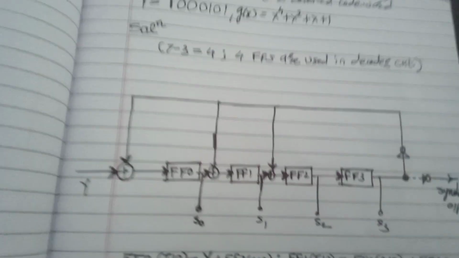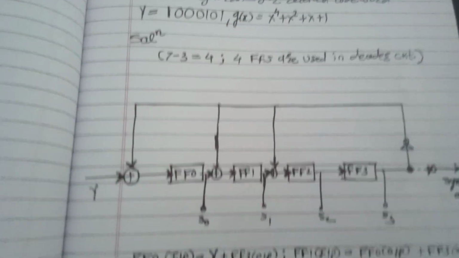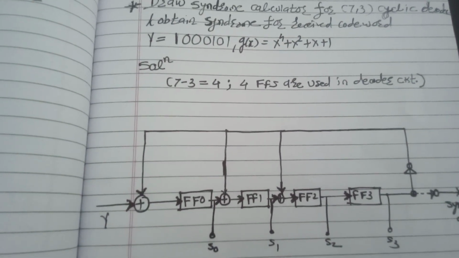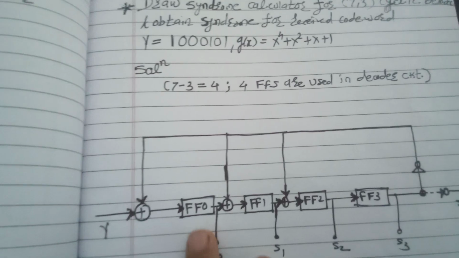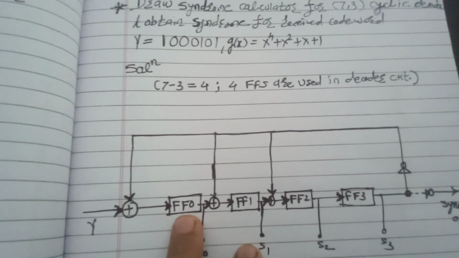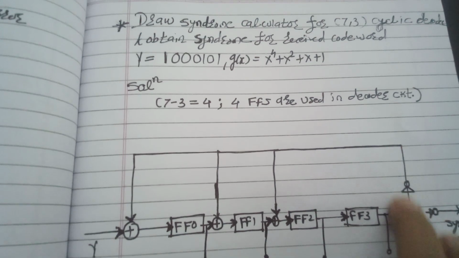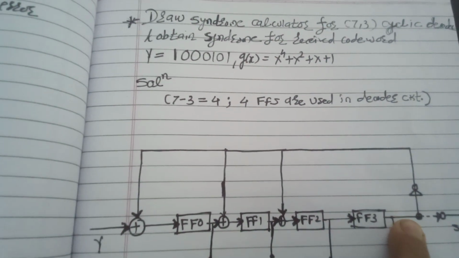After that, the structure remains the same for the decoder circuit. As we have already seen in the 7,4 cyclic code, the same diagram is there. Only how many flip flops? There are 3 flip flops there, here there are 4 flip flops. Then this line corresponds to the highest power, x raised to 4.